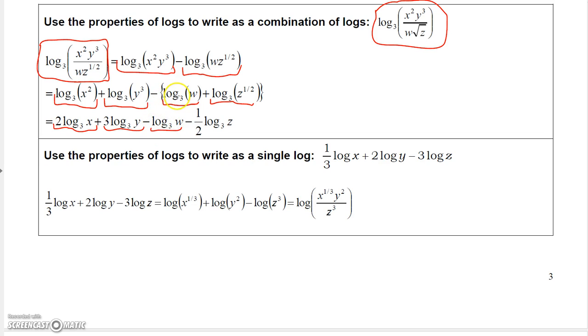Notice you've got the minus that goes with it, and then the minus also has to distribute through this term. So I have the minus here as well. But then log of z to the 1/2 base 3, using the power rule, would be 1/2 log of z base 3.